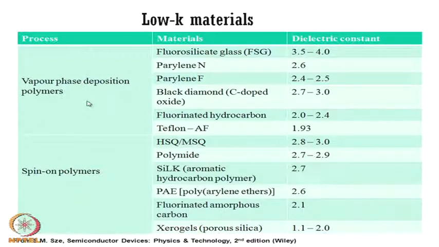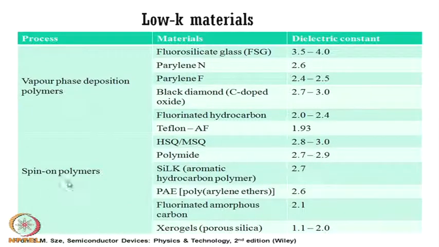One can have spin on dielectrics, SOD or SOP, spin on polymers, because these are polymeric materials, or one can have vapor phase deposition polymers like say parylene N, parylene F, black diamond, which is the carbon doped oxide, fluorinated hydrocarbon, Teflon, etc. These are not spin on polymers, these are vapor phase deposition, CVD must be used or VPE must be used.